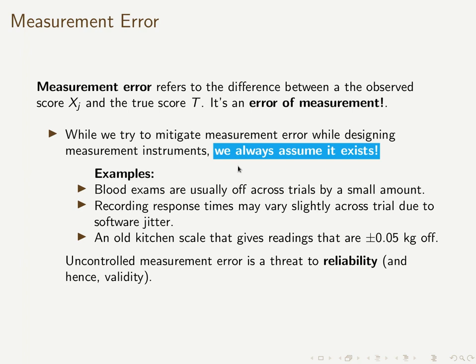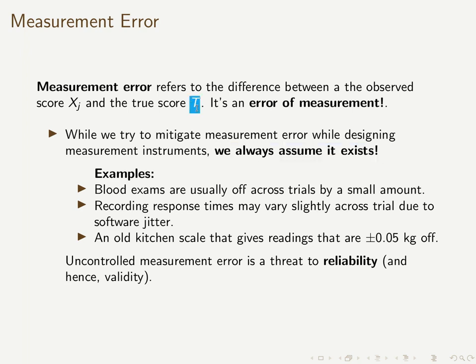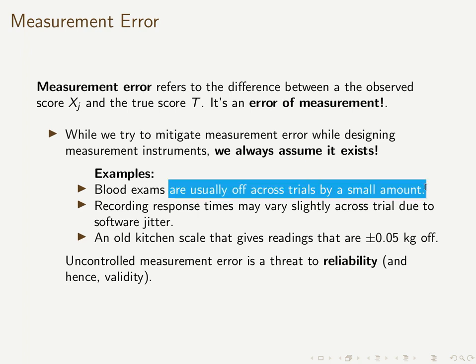Especially in social sciences, no matter how hard we try, we cannot ever assume that the measurements we collect are a one-to-one with the true score that we wanted to measure. And this is also true across other sciences. So for example, even if you take a blood exam where there's a lot of precision in the measurements that they return, we usually expect them to be a little off across different trials by a small amount.